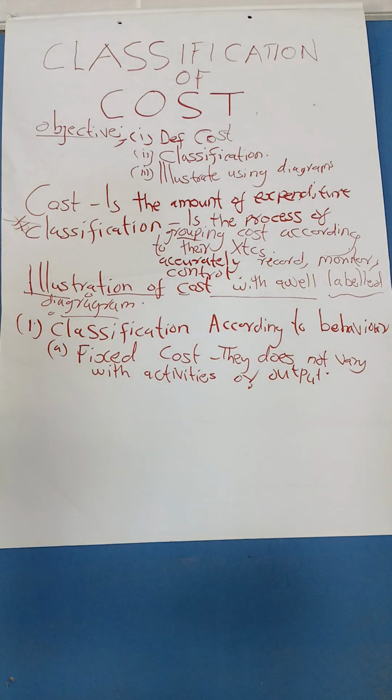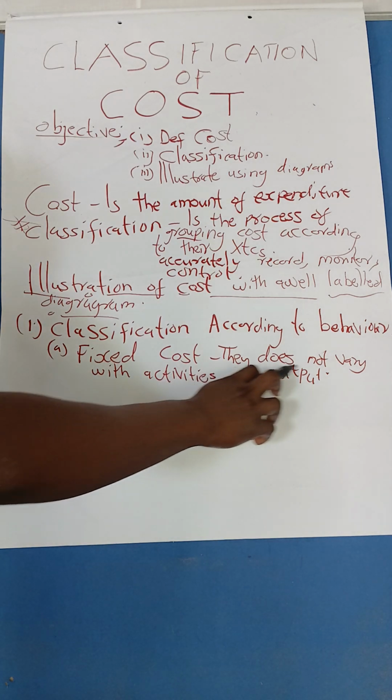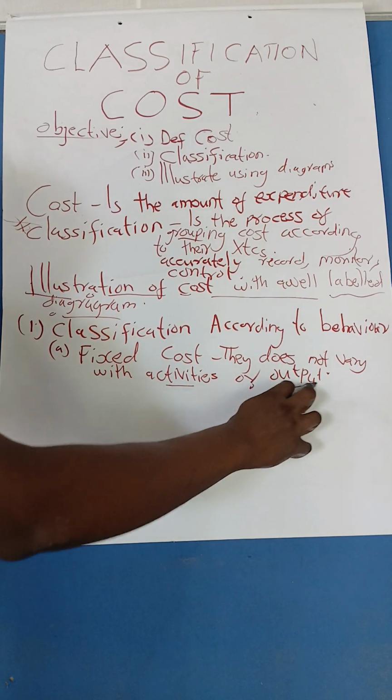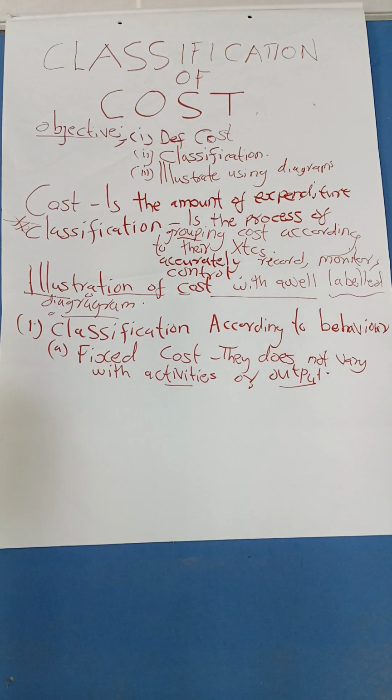Regardless of what you use that building for, it will not in any way affect that 10,000. If I use that building to produce goods that will earn me a profit of $1 million, there's no way the management will come in and say they are going to change the rent because you are earning more. That's why we are saying they do not vary with the activities or output. So the moment I've paid you 10,000, we are done.